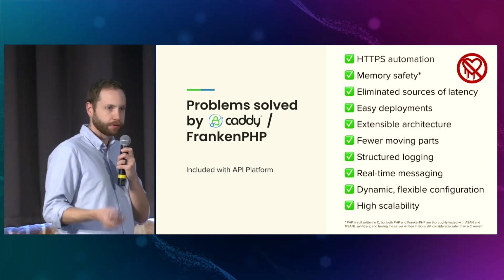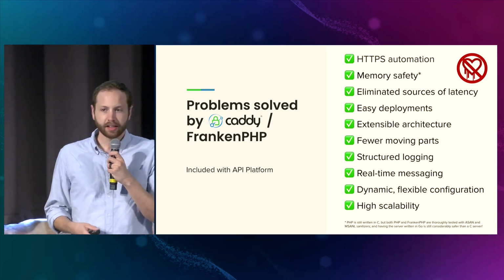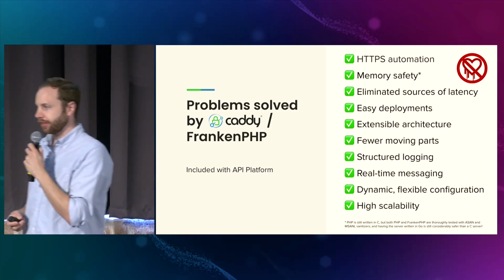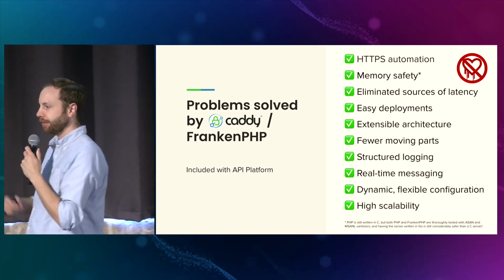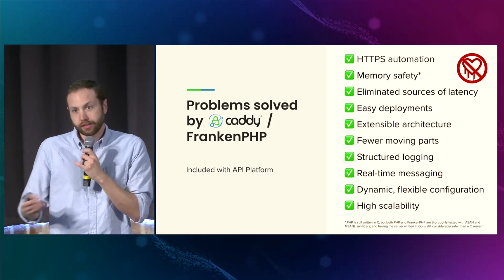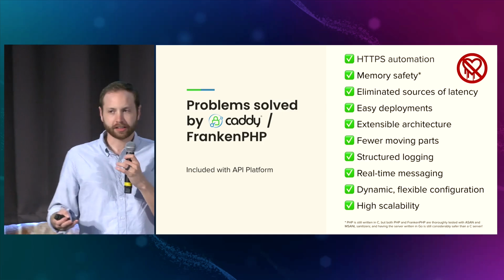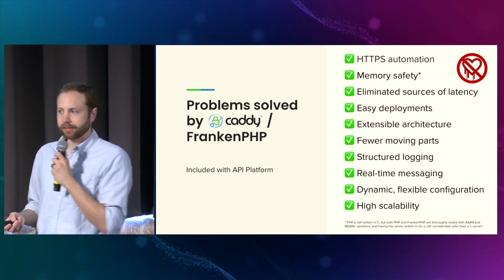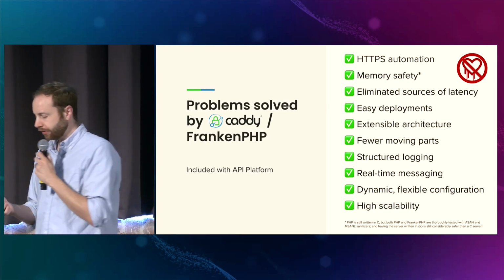We've sped up your site by eliminating latency. Your deployments are so much easier with a static binary, and there's fewer moving parts. You get the idea. But all of this comes for free with API Platform. It's out of the box because of API Platform's stack, which I think is really cool.